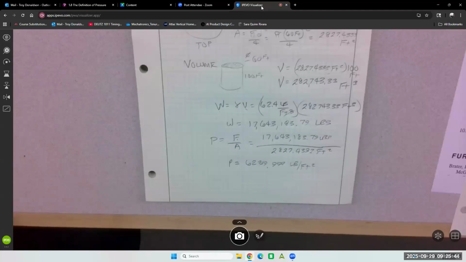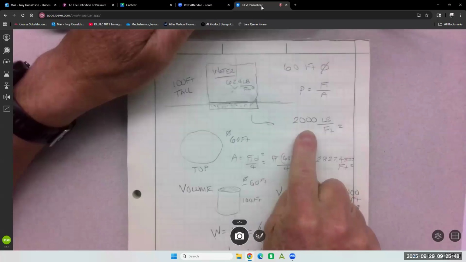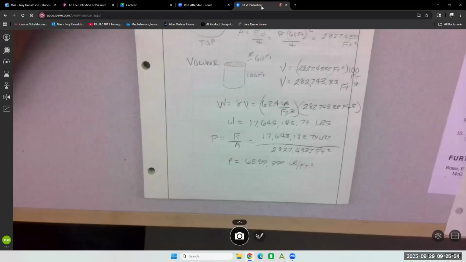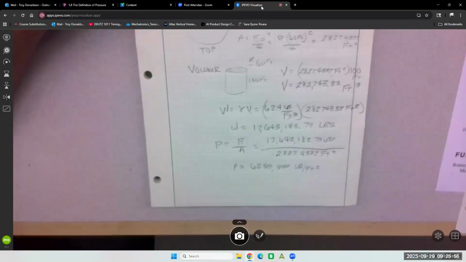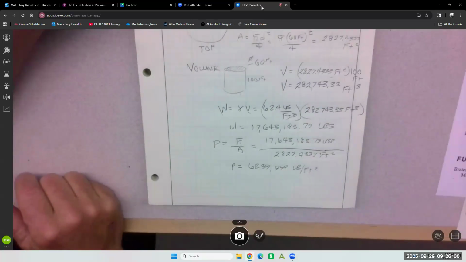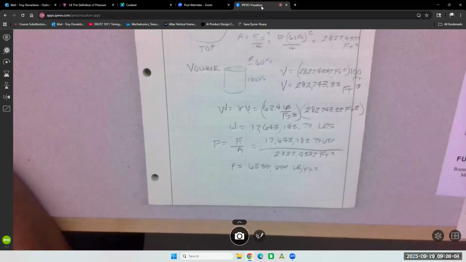What was our allowable soil pressure? 2,000. And we calculated 6,000. How's our tank doing? Not good.